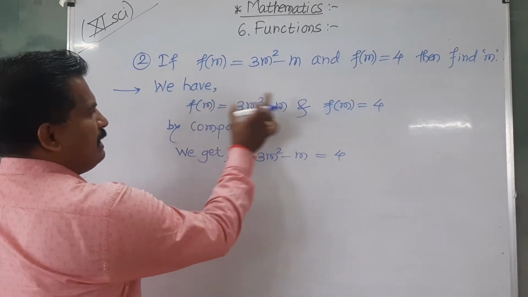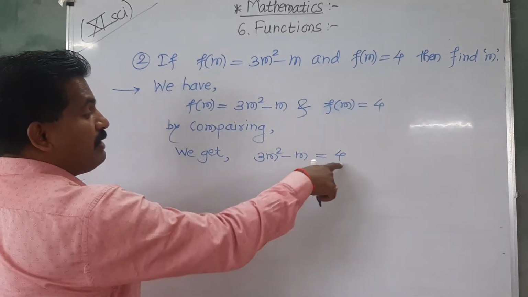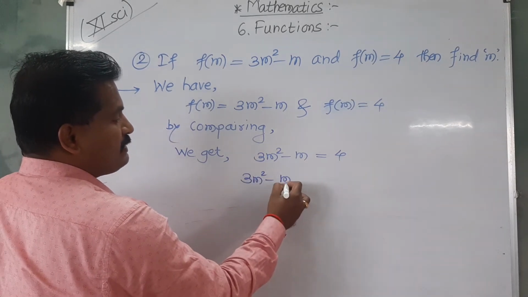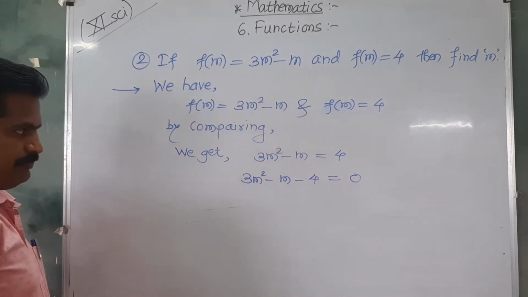Therefore, if LHS are equal, then RHS is also equal. Therefore, 3m square minus m is equal to 4. By shifting this 4 towards LHS, it is minus 4 is equal to 0.